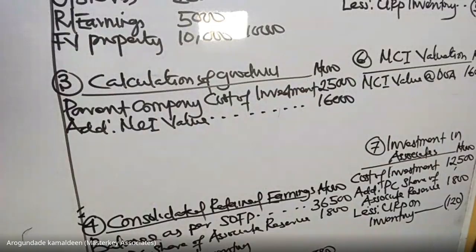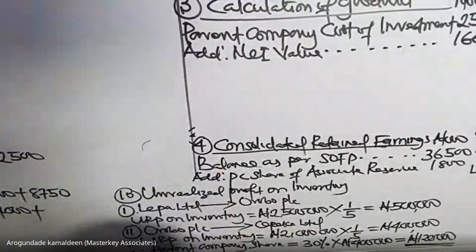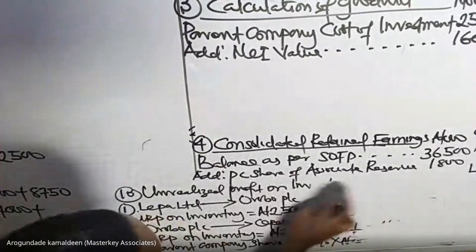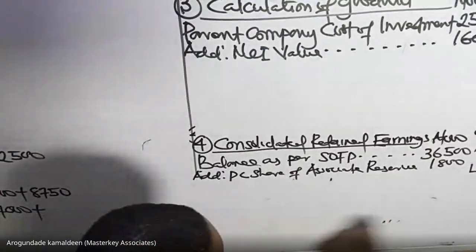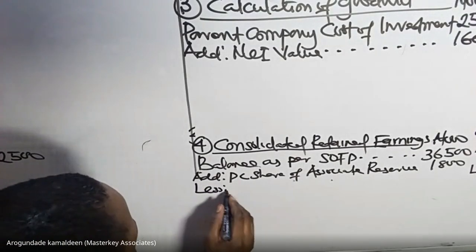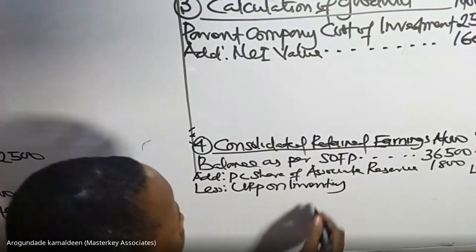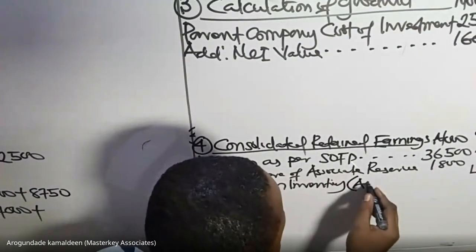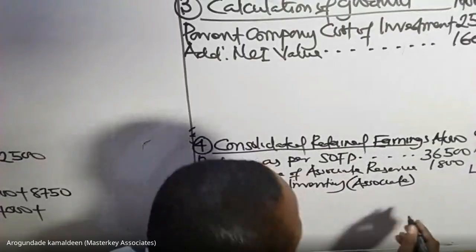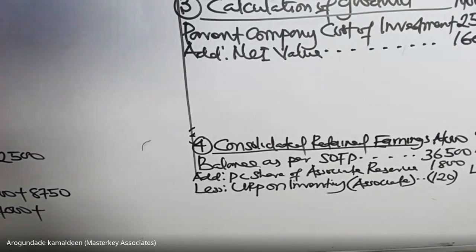The first thing there, the consolidated retained earnings, we come here, less URP inventory to associate.